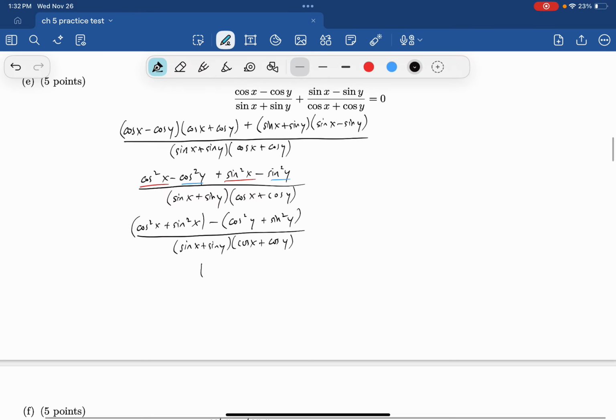Which is just 1 minus 1 over that denominator. Which is just 0. Here we've used the fact that cosine squared plus sine squared is equal to 1.